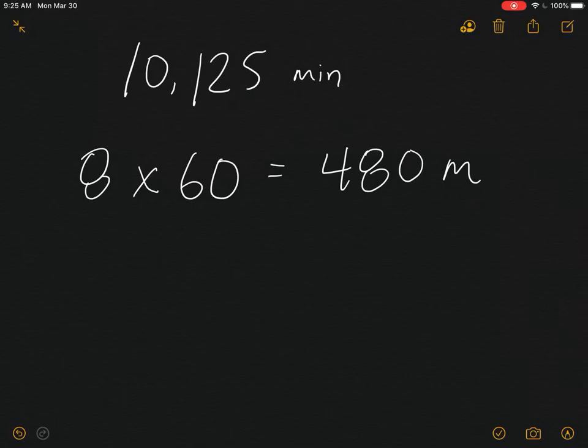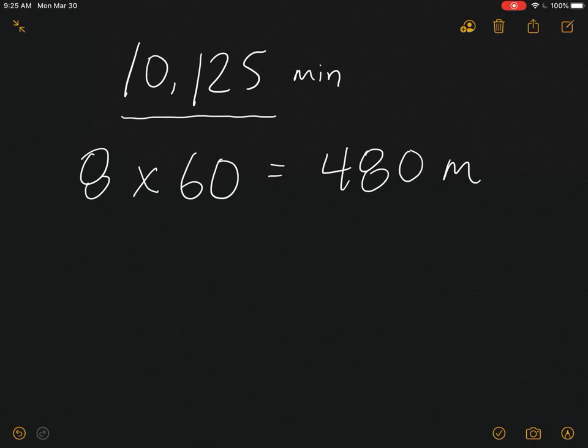Okay, so now we need to determine how many coders we need that work 480 minutes a day to complete 10,125 minutes of work. Okay, so take a second and think about how we're going to do that. How would we get there?